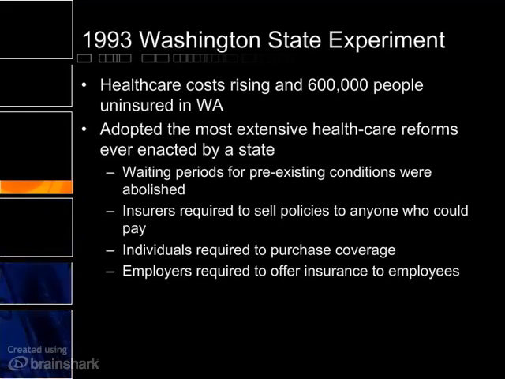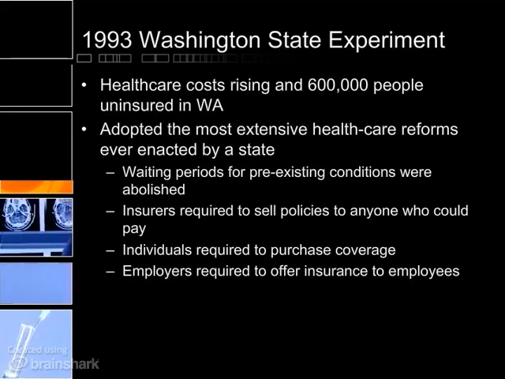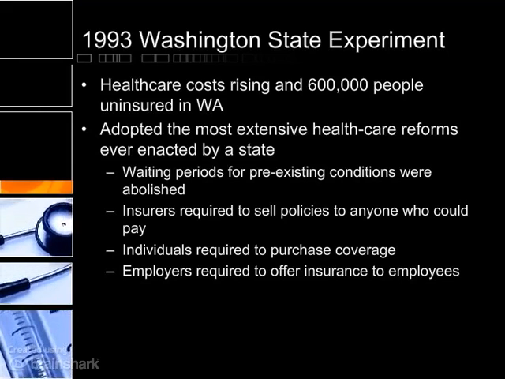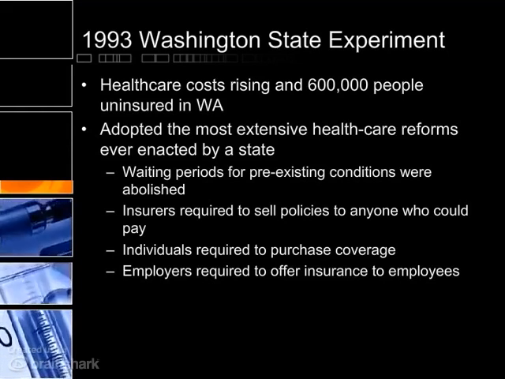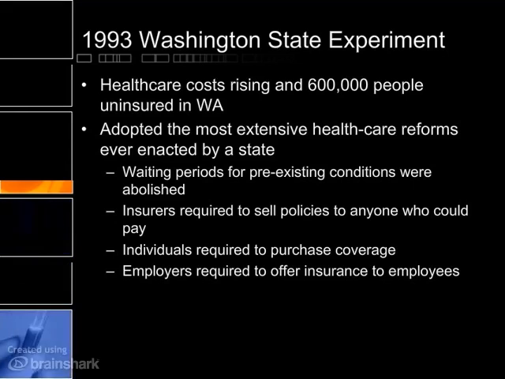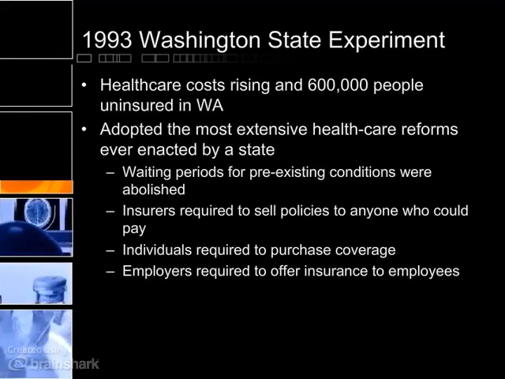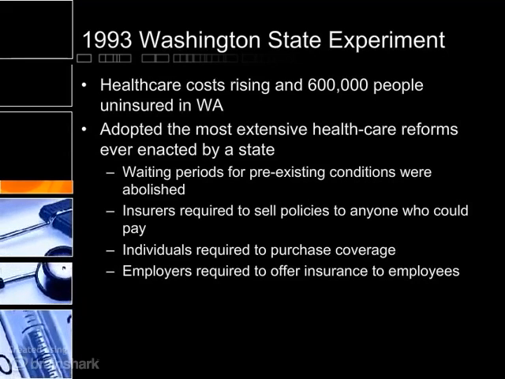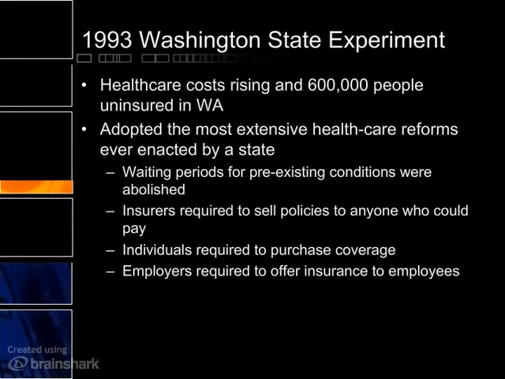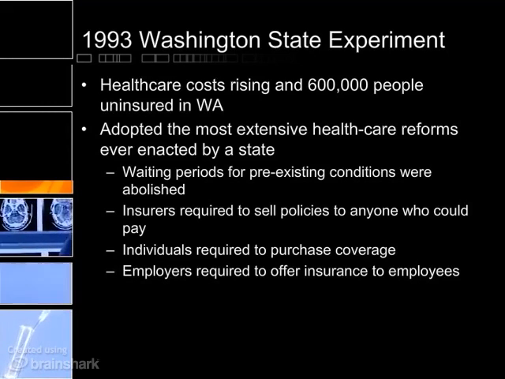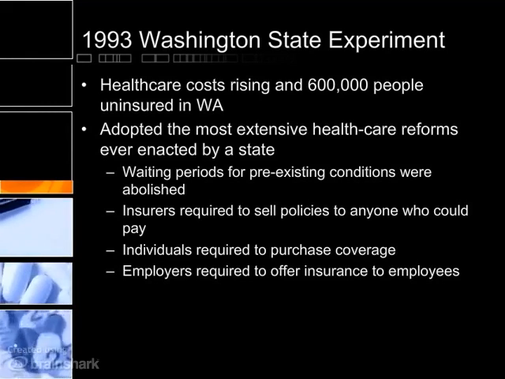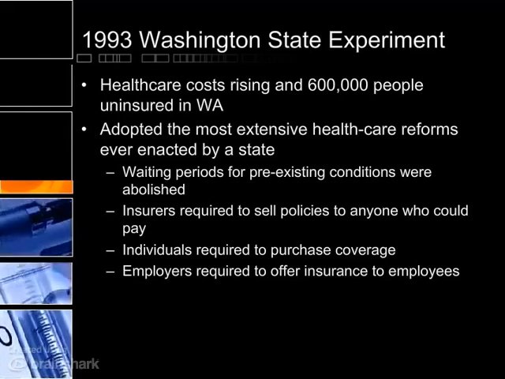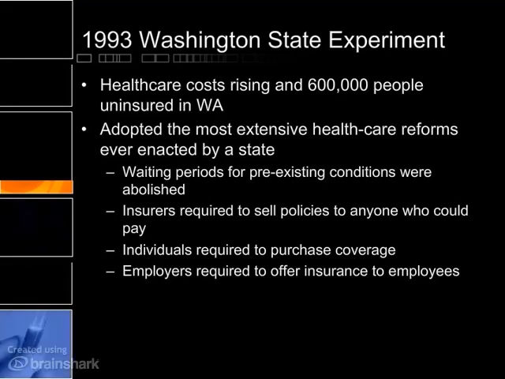So with healthcare insurance, you want everybody paying into that pool, including the healthy people who are not using a huge number of the services, to balance out the high users. And so Washington State was kind of ahead of the wave on that one. And then employers were required to offer insurance to employees. So some of the pieces of the Affordable Care Act were passed by Washington in 1993.